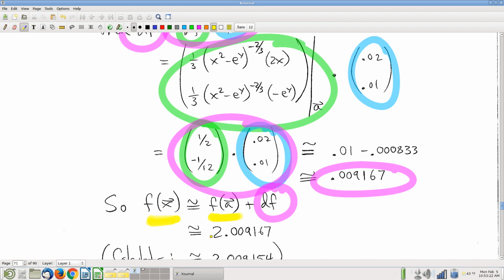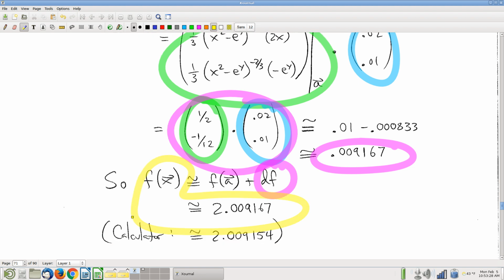And so you end up with, as your approximation of f of x, approximately 2.009167. And look at the correct value. Again, this is an approximation with infinite expansion, but 2.009154. So really close, by using the multivariable differential.